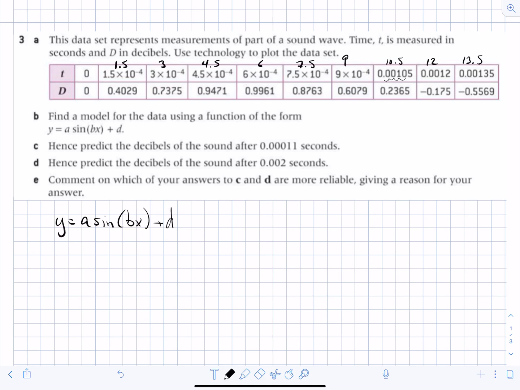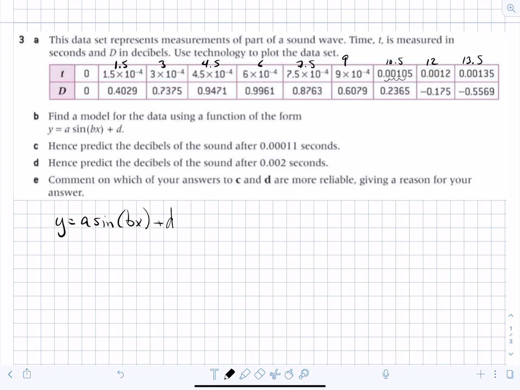And they say, by the way, use technology to plot the data set. It's nice, but on an exam, they couldn't make you do that because how would they know? You may have to do it, but there's no real point to it. Anyway, so back to that.